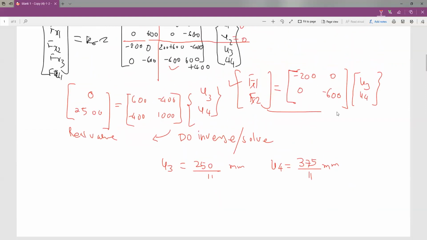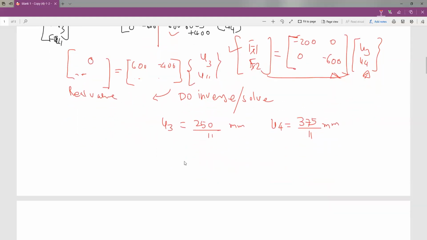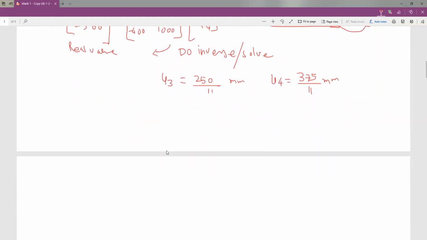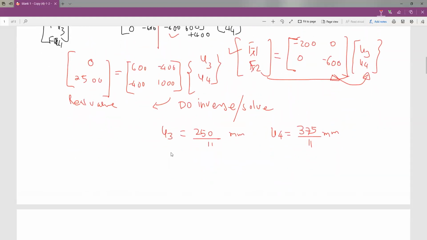If you substitute and solve this, it is simply a multiplication of these two quantities. So answer for the Fx1 and Fx2, just try to multiply this. You are getting Fx1 as minus 50,000 divided by 11 Newton. Fx2, you are getting Newton.